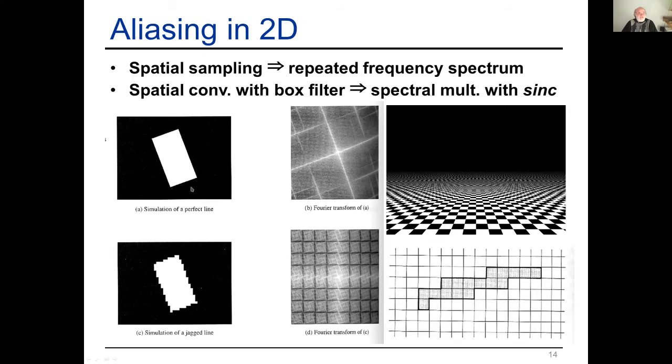We don't have that, right? We have a finite number of pixels, so we can't have infinite frequencies. And one of the results is simply that we see these staircases here. You see the Fourier transform of that. So we just can't handle this sufficiently.